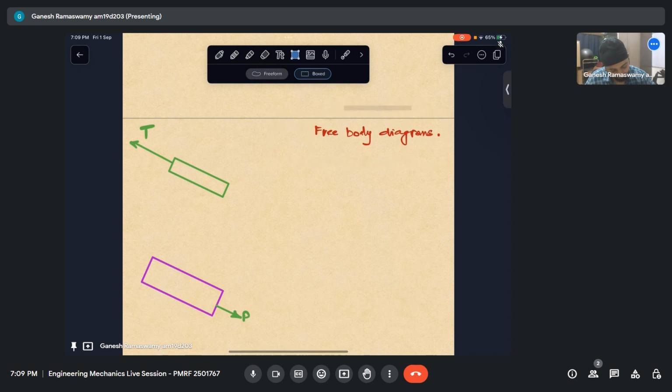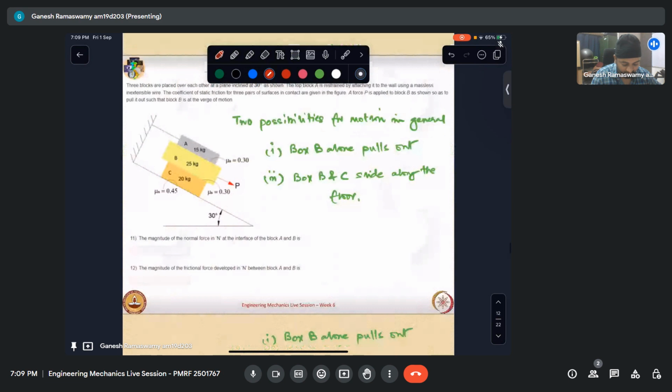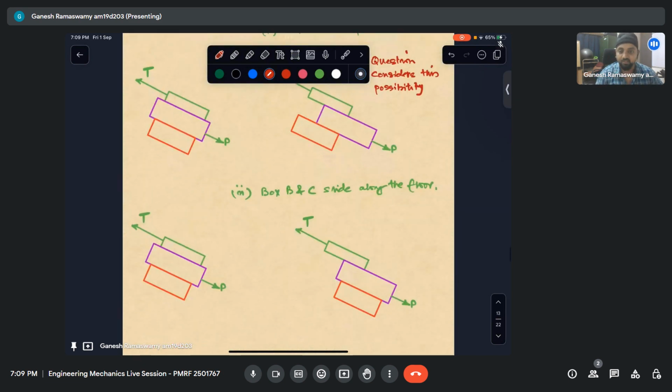Now, since in both the possibilities we can see that the green box is tied to the floor, tied to the wall, and there is definitely motion impending on the interface.